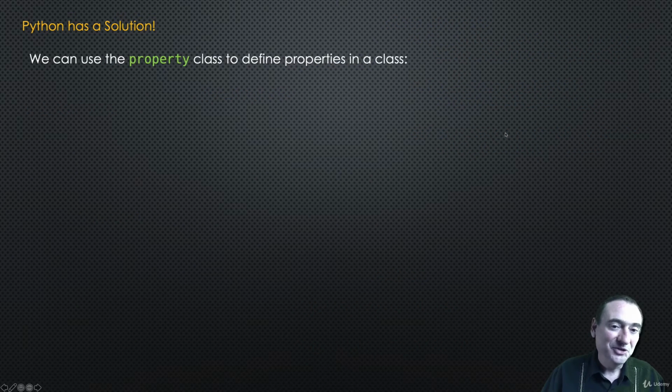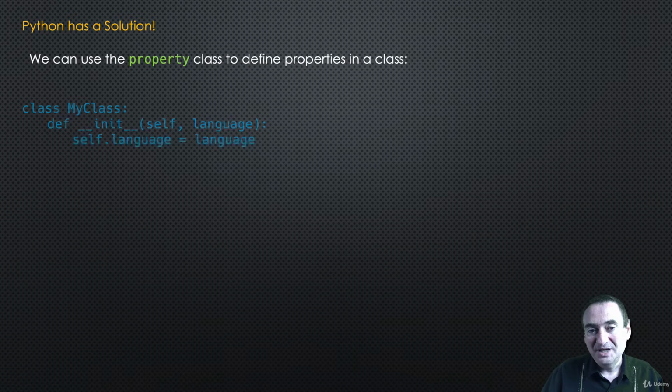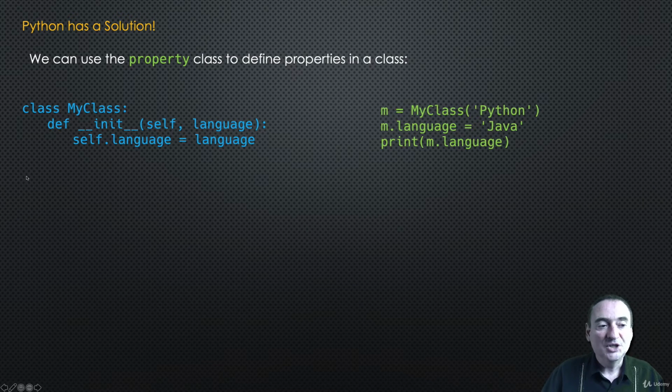So Python has a solution to this, of course, right? We can use a special class, a special type in Python called property that defines properties in a class. And let's see how that works. So initially, I might start with a bare attribute called language, right? So I've got self.language equals language. Now, when I create an instance of my class, I can access language directly, I can set it, I can read it using the bare attribute.